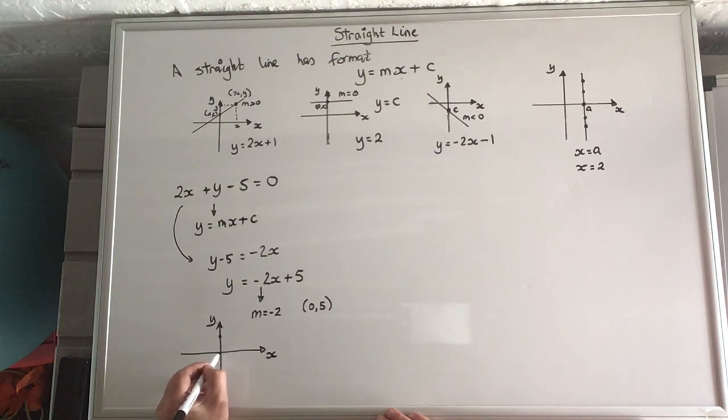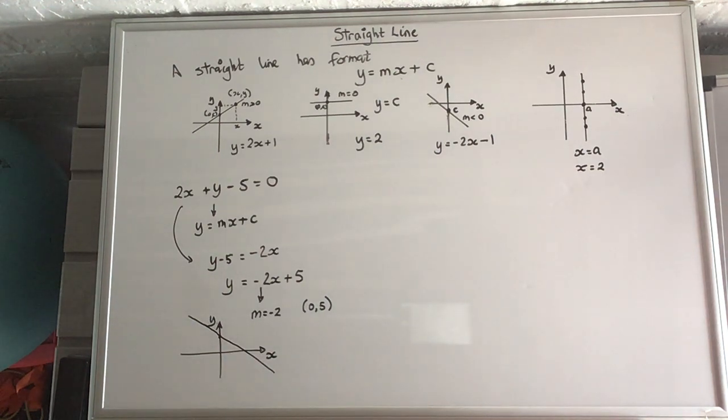This is where it crosses, (0, 5), so this is your c value, and it must go something like that. Okay, that would be a reasonable sketch of that. So gradient's minus 2, and that point there is 5. You'd have to have that if they ask you to sketch it. Key points on the graph. Okay, that's one type of question.